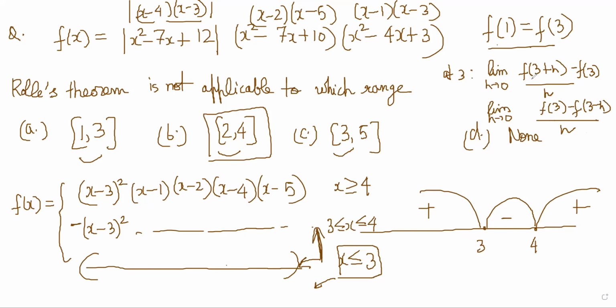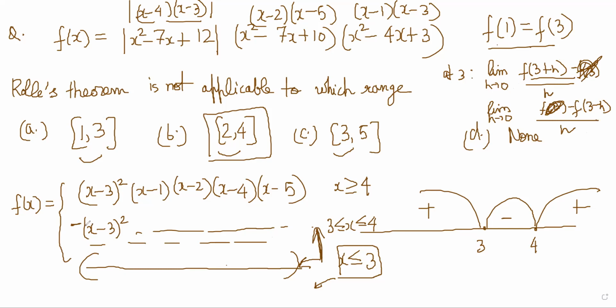It is easier to write these expressions because f of 3 is 0. So this part is gone. It is easier to write these expressions and calculate the limit rather than do anything else, in this product type of function. So just check the limit.